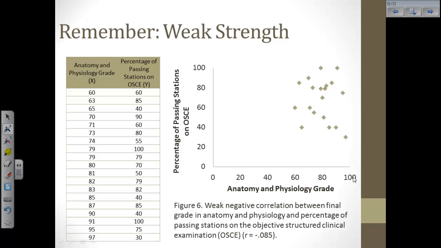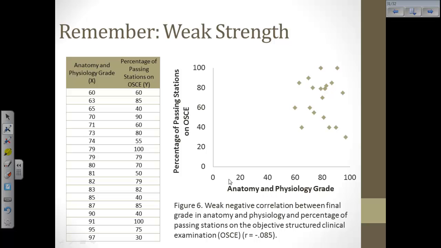But there's a problem here. Chances are those individuals who did really poorly on anatomy and physiology probably didn't even make it to the point where they would be taking the OSCE. Maybe they failed out of school, or maybe they didn't even get the job because part of getting the job, or getting into nursing school or whatever, getting to medical school, requires you to do well in anatomy and physiology. So we have restriction of range.